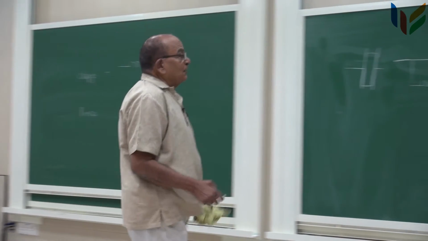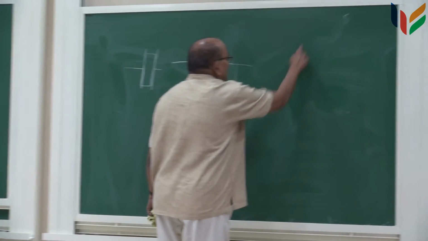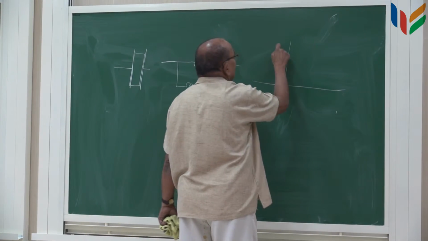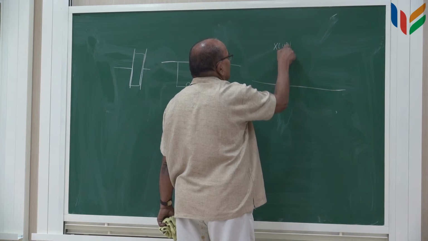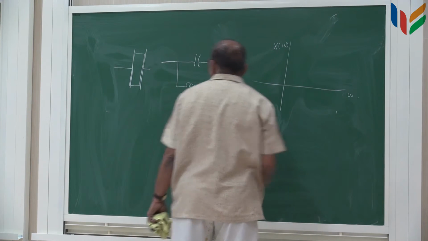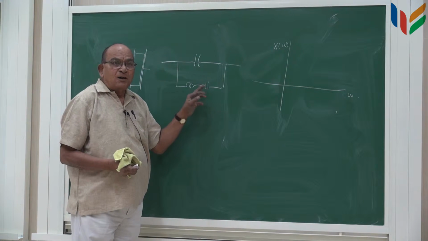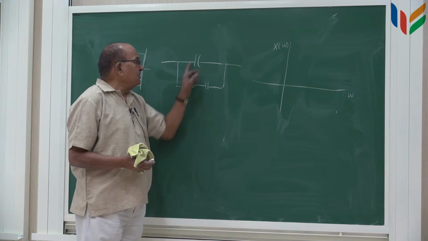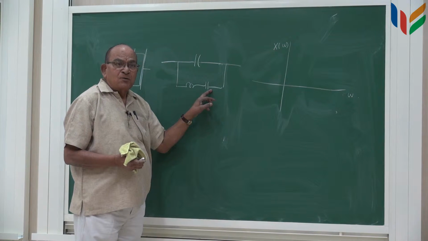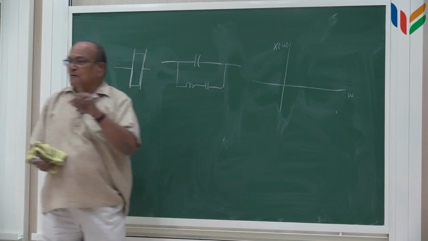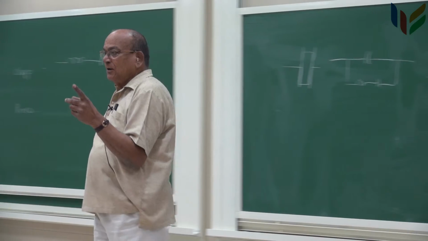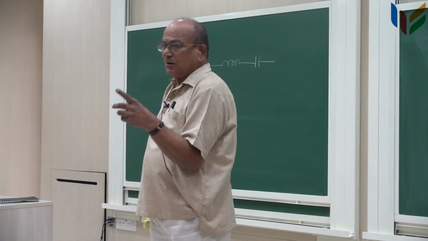Now, if you see X(omega) for this, it has a 0 corresponding to this, and it has a pole corresponding to this in series with these two capacitors. So, there is one parallel resonant frequency and one series resonant frequency.